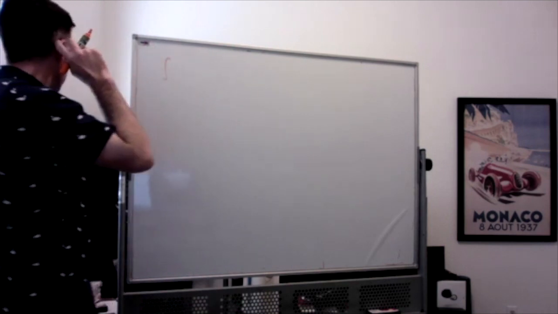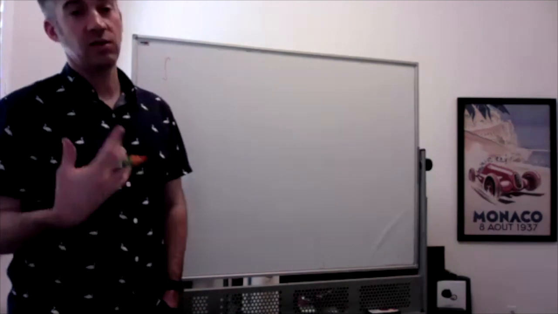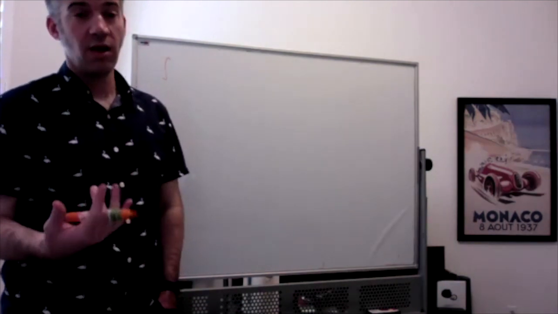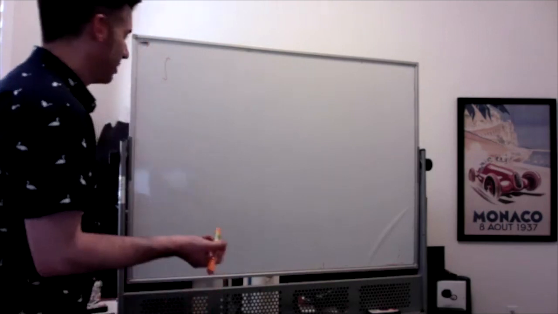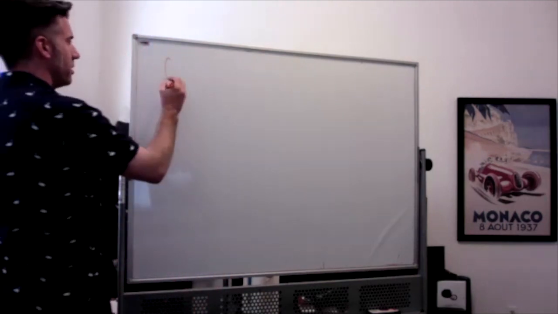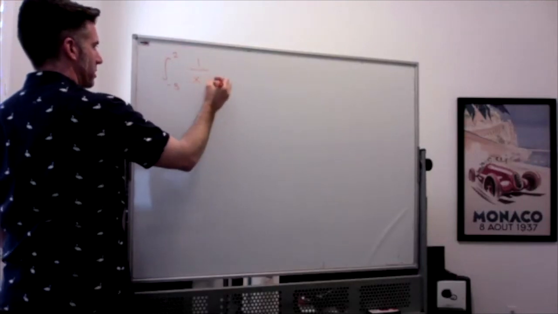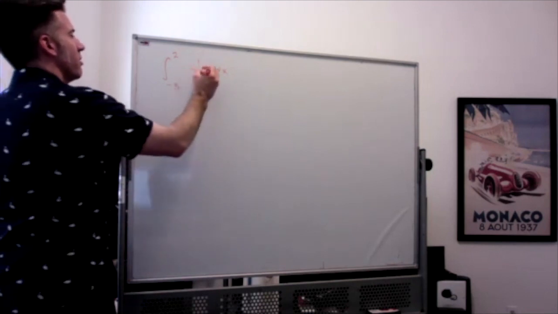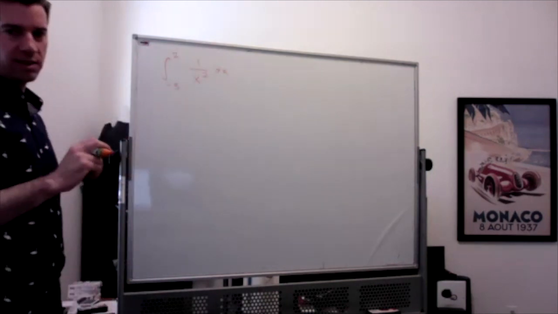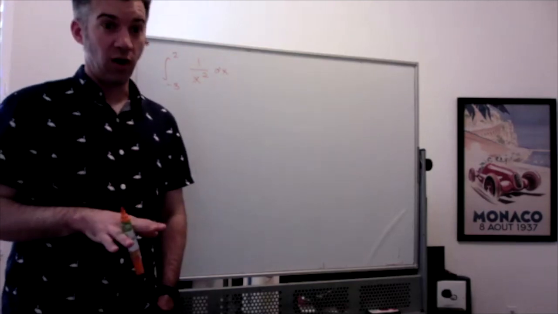Most of these improper integrals that are undefined somewhere in the interval, usually it's because there's some sort of vertical asymptote. So let's say we have the integral from, I don't know, -3 to 2 of 1 over x squared. 1 over x is a little less exciting. So it's really easy to do this problem wrong.